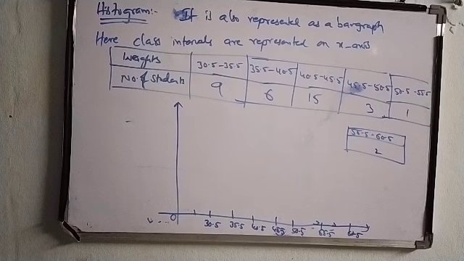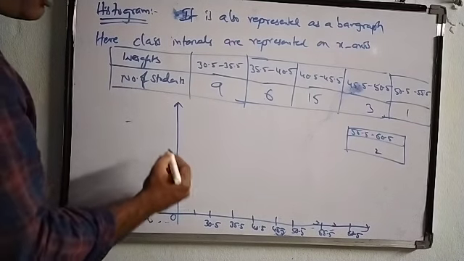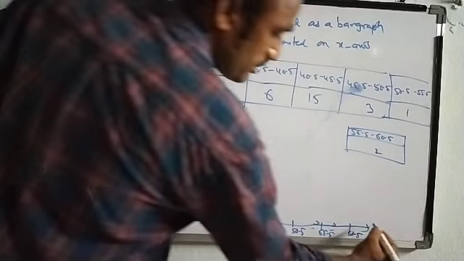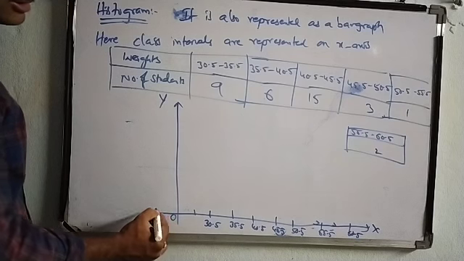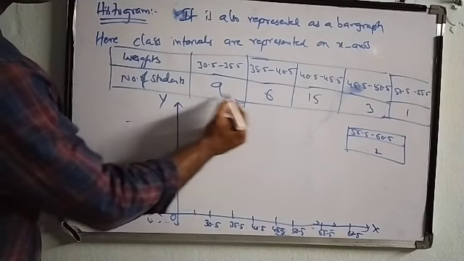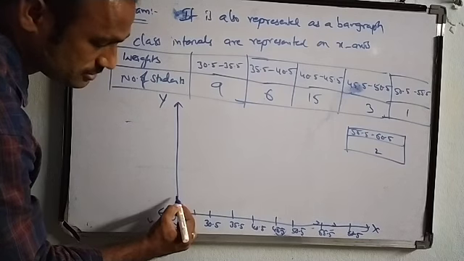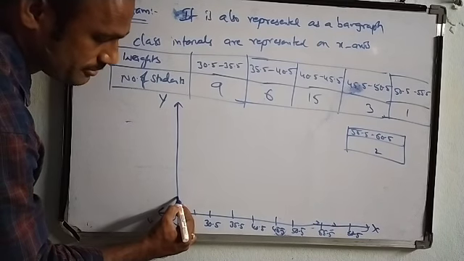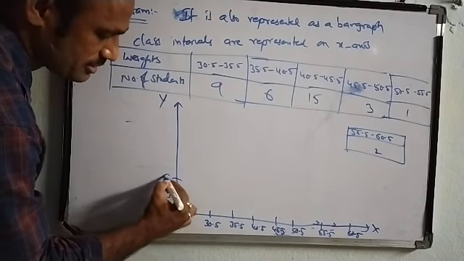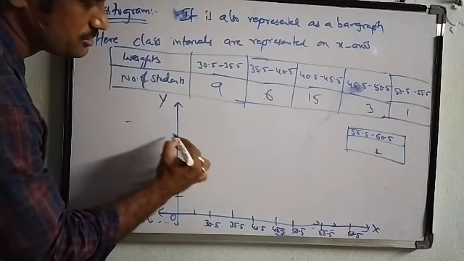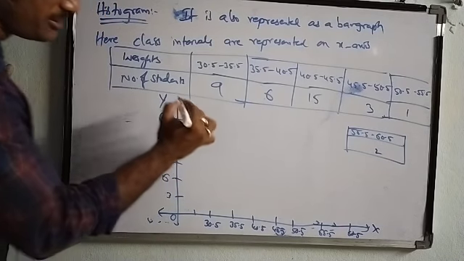On the y-axis we have to take numbers in such a way that all the values fit. These are all in the 3 table, so we can take 3, 6, 9, 12 and 15.